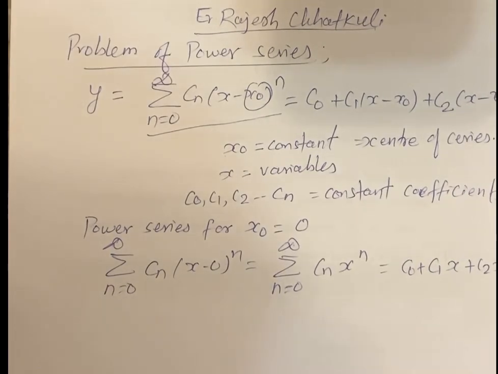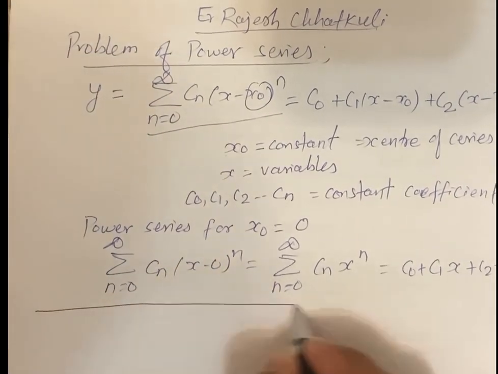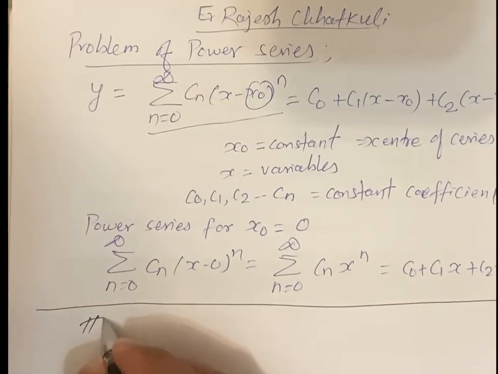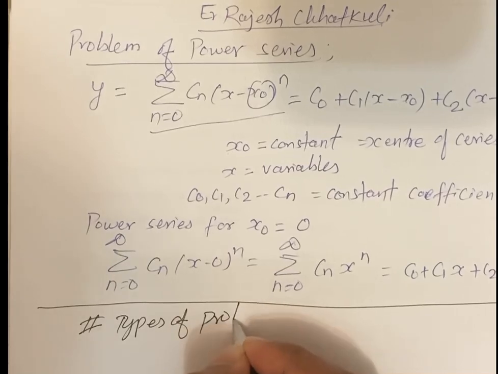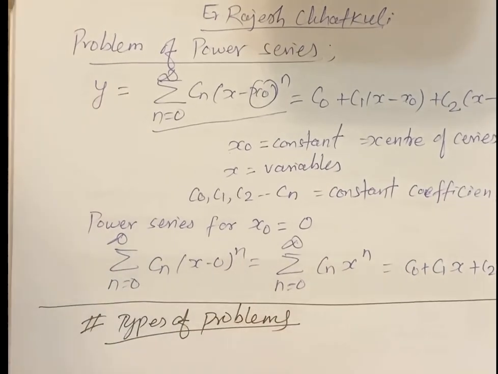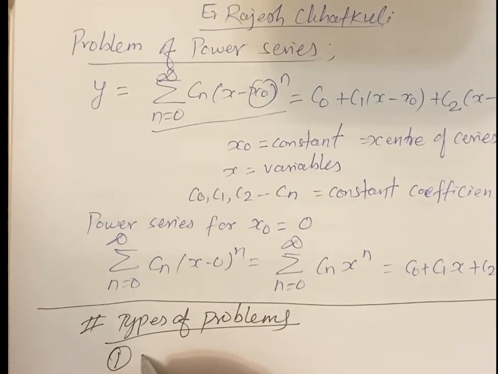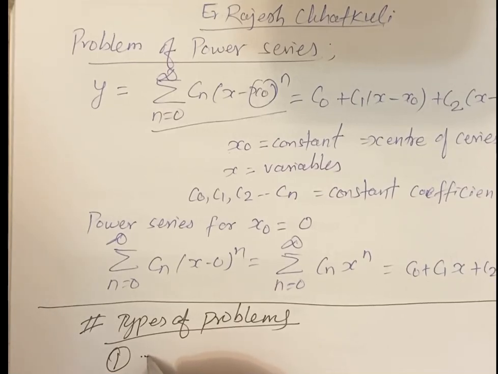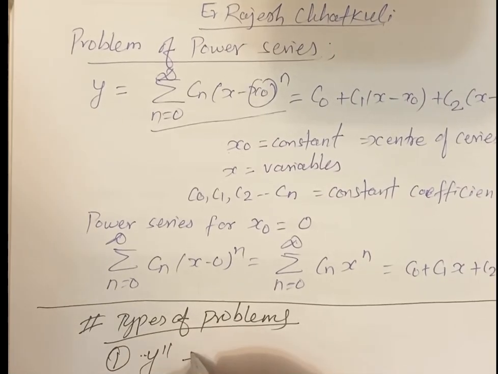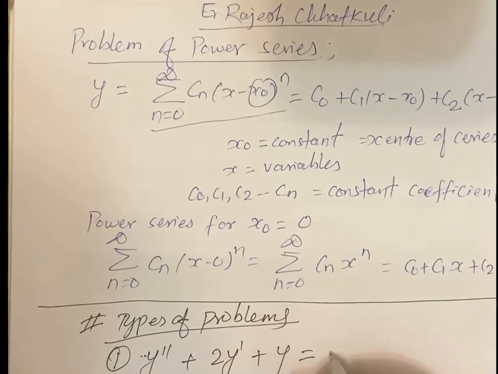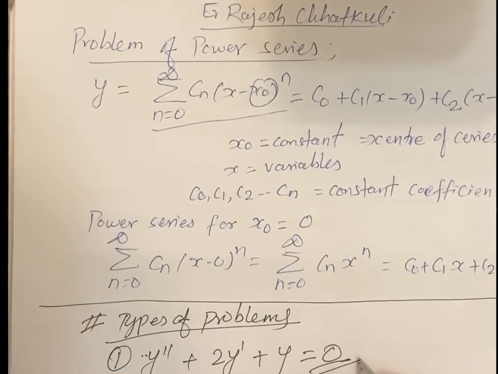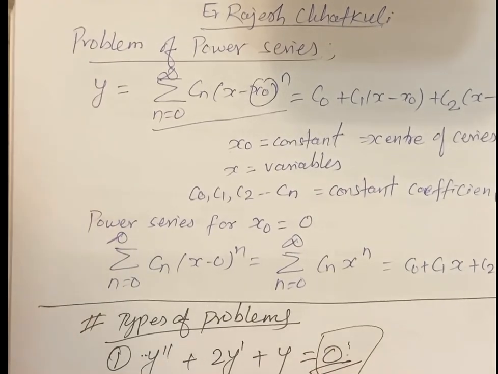Now let's do a problem for power series. Normally in this topic we encounter two types of problems. The first type is given by y double dash plus 2y dash plus y equal to 0, where the right side is 0.